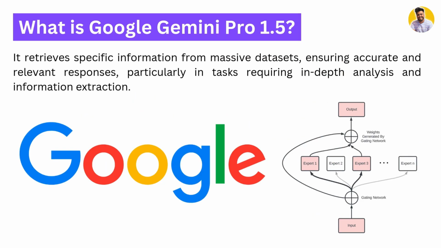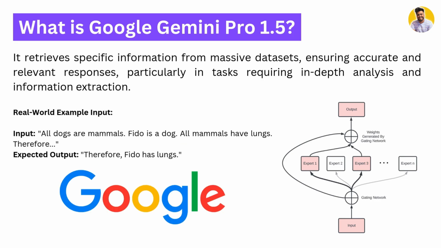It retrieves specific information from massive datasets, ensuring accurate and relevant responses, and provides in-depth analysis by information extraction as well. For example, if I say all dogs are mammals and Fido is a dog, it would say all mammals have lungs, therefore Fido has lungs as well. That's how it can be very useful in logical reasoning tasks as well.